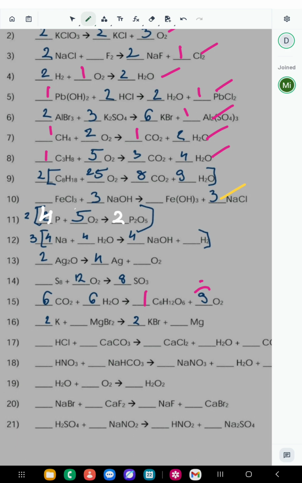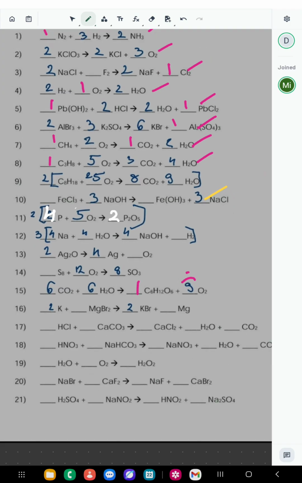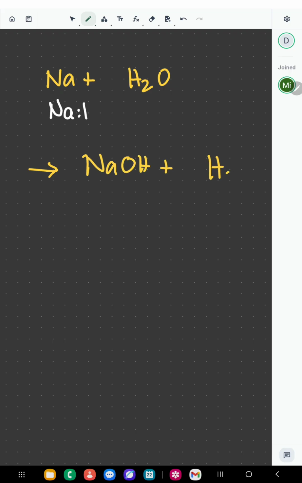Okay, we will do number 12. Let's go back to the other page. For number 12, we have Na plus water. Then sodium NaOH plus H2.